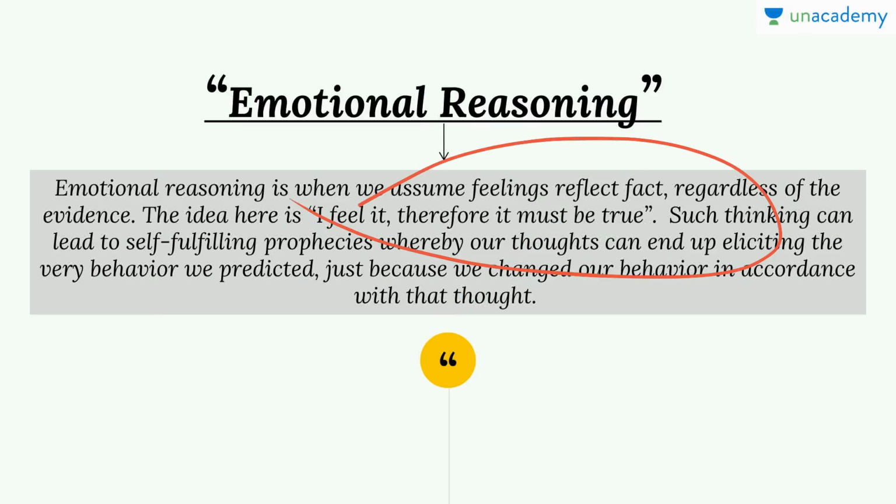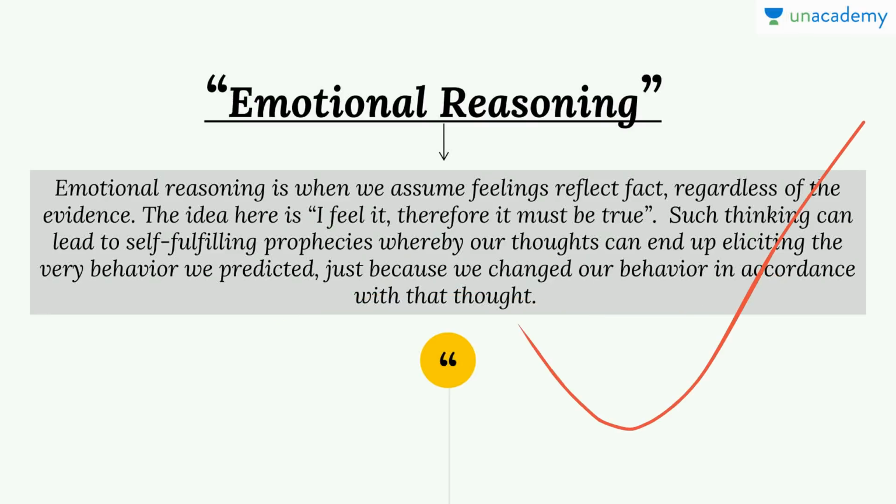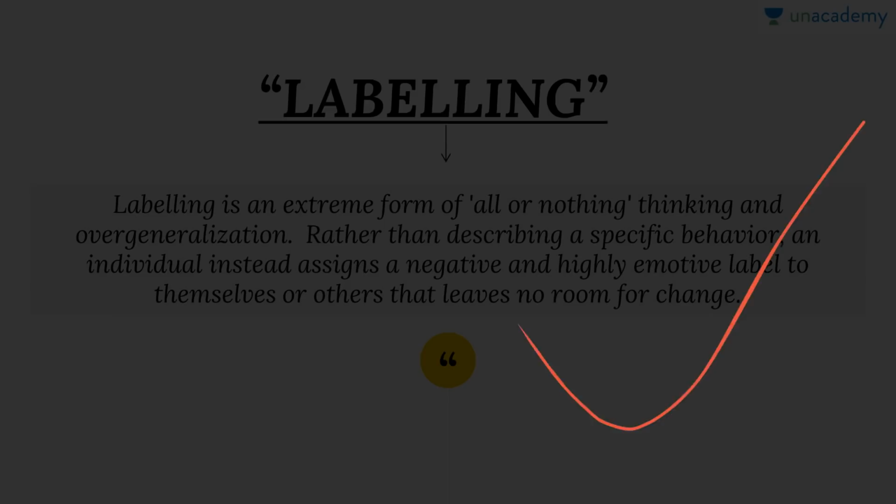This is the distorted part. Such thinking can lead to self-fulfilling prophecies, whereby our thoughts can end up eliciting the very behavior we predicted, just because we changed our behavior in accordance with that thought. We change our behavior according to the thought. We do not have any kind of evidence for that, but we change it.